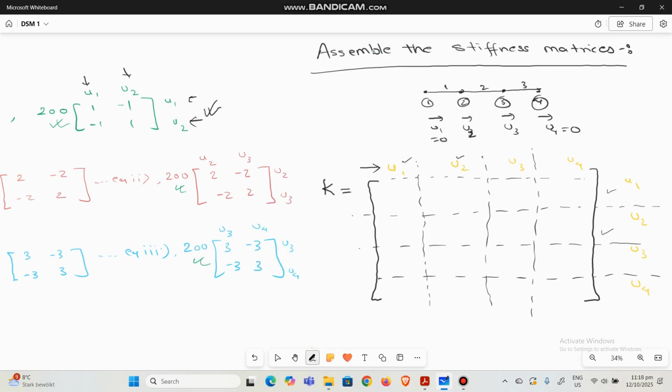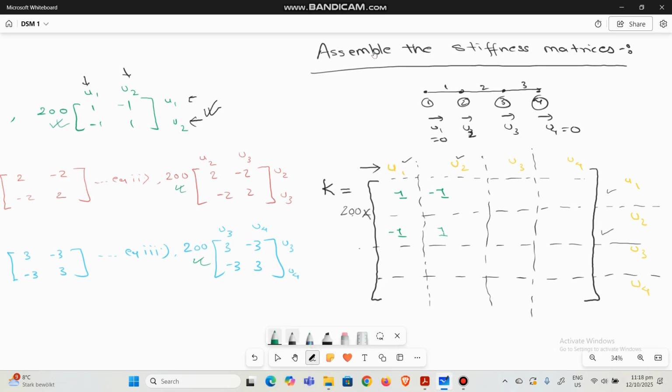Since 200 is common in all of these, you just make this 200 outside, 200 times whatever comes here. Now for the first element we have 1, minus 1, and then minus 1 and then 1. So our first element is done.